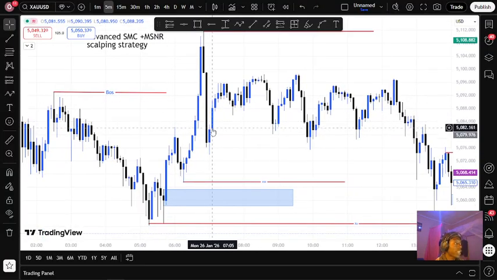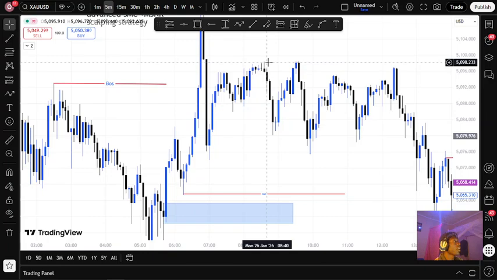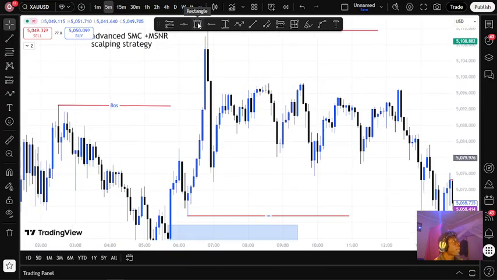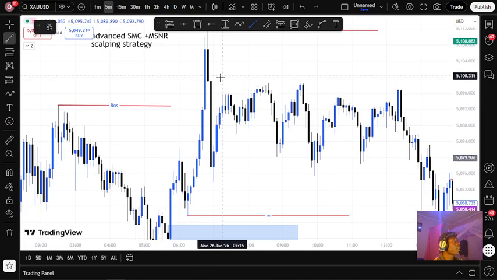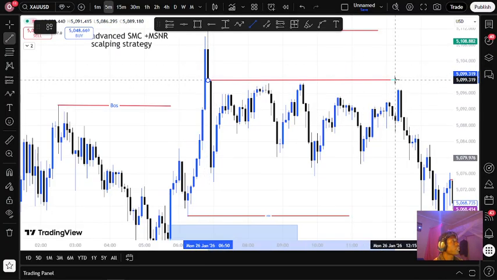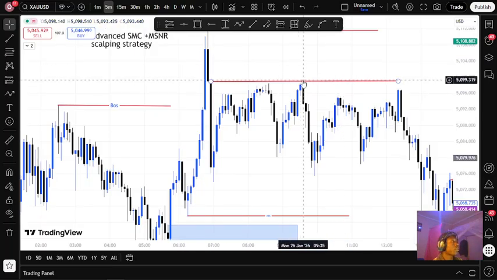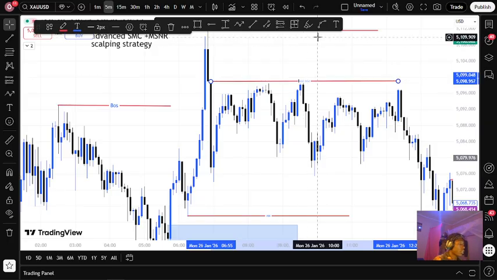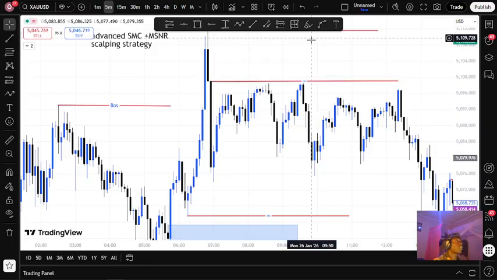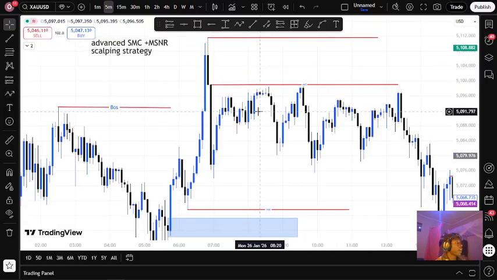The market crashed, and after it crashed, it left behind a zone or key level called an OCL. This is an OCL, and this one is also an OCL.